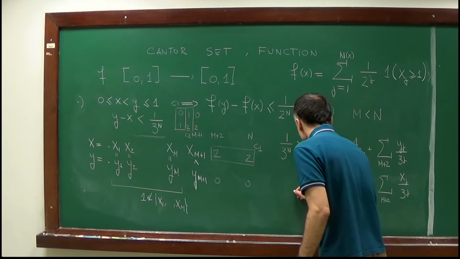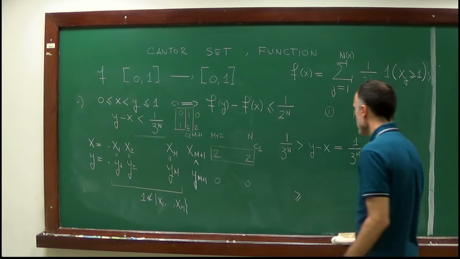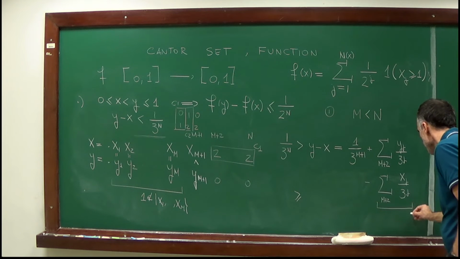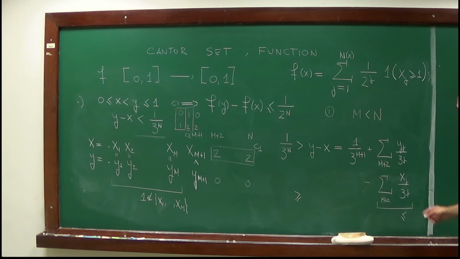So this is the difference, and now I want an inequality. So this expression is less or equal than the case in which all x_j are equal to 2. If all x_j are equal to 2, this sum will give me 1 over 3 to the power m plus 1.